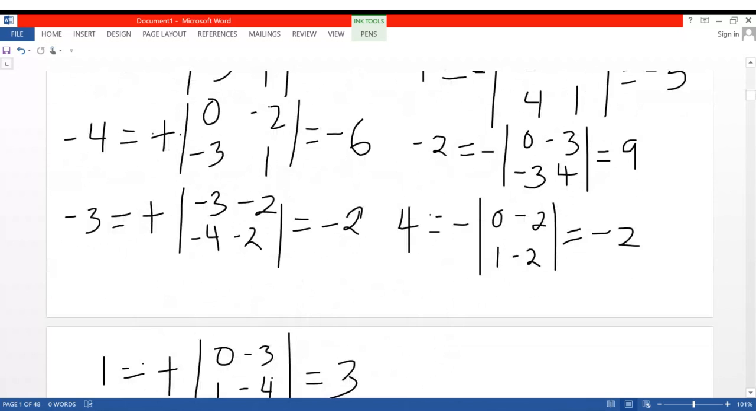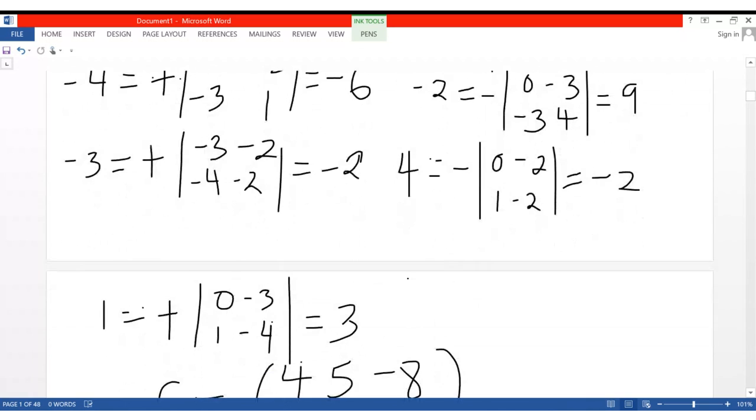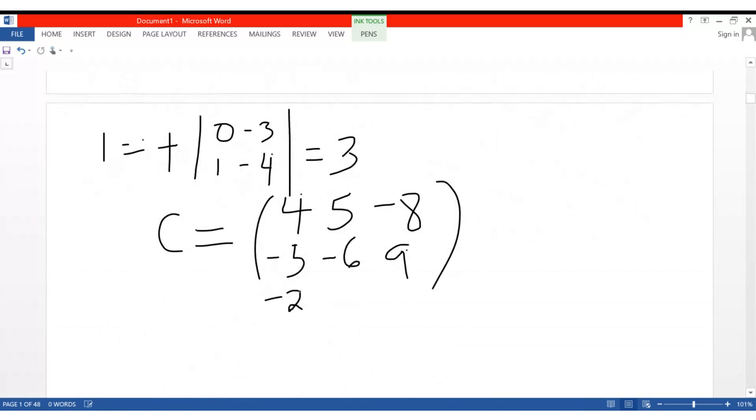And then the other one was negative 2, negative 2, 3. So that is the matrix of cofactors.